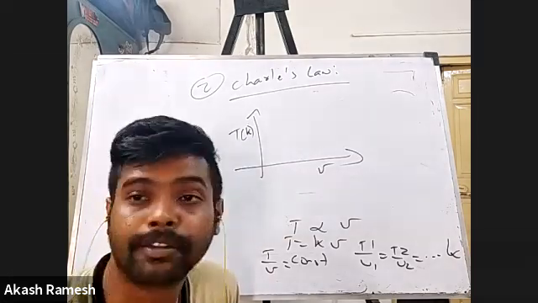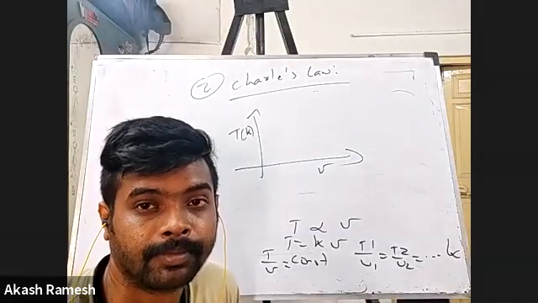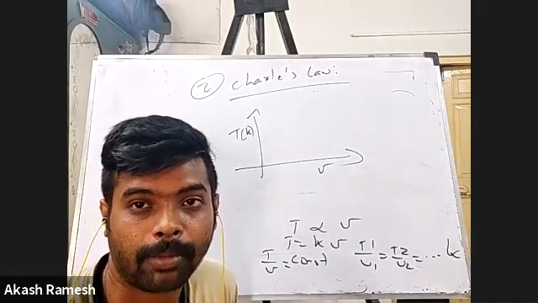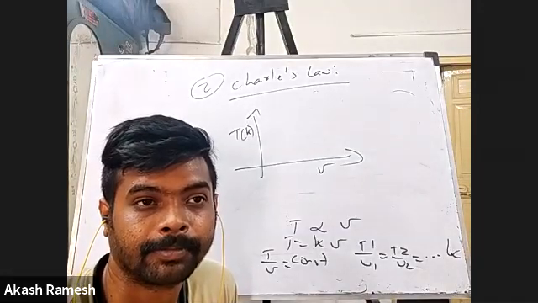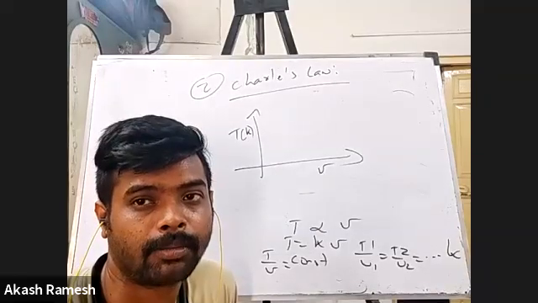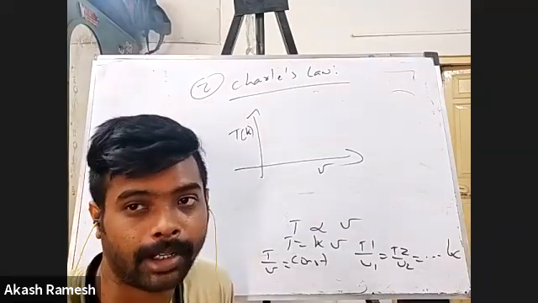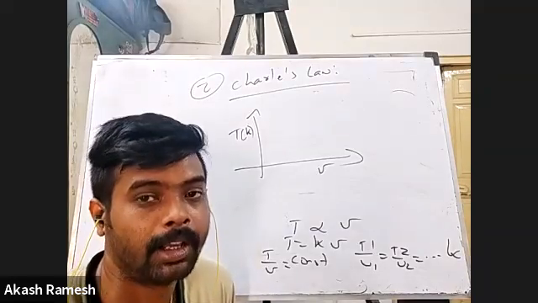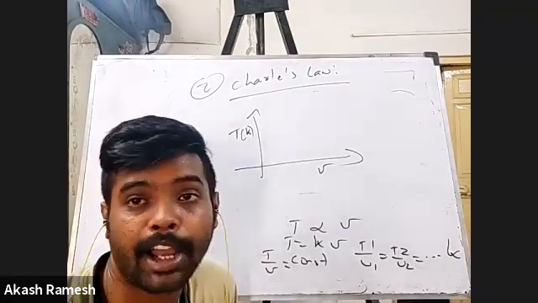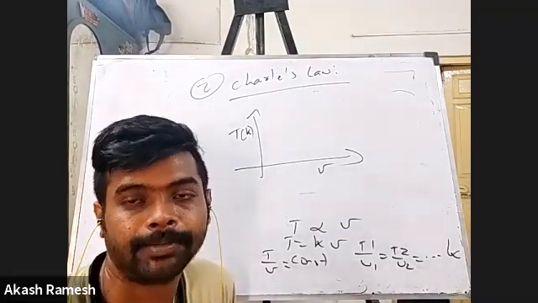T versus V graph. How do you think the graph will be? So will it be the same as that PV graph? In the PV graph, pressure and volume are inversely related. So that's why I got a rectangular hyperbola, right? Now here, T and V are directly related.